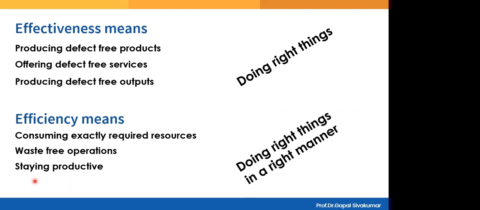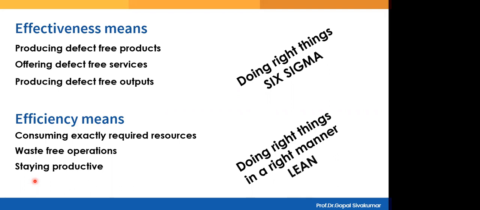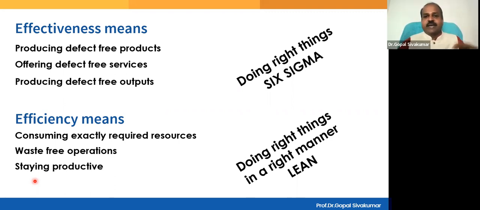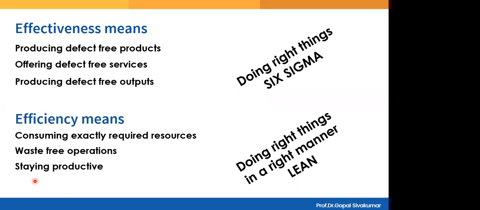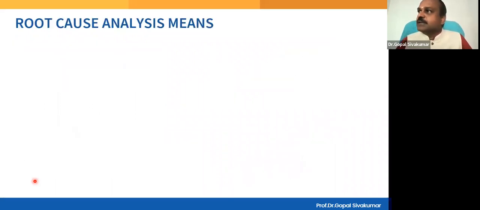That means doing right things in the right manner is efficiency. So doing right things is Six Sigma. Doing the right things in the right manner is Lean. Both are interconnected, like the egg and the hen. Whether the egg came first or the hen came first, we don't know. But effectiveness and efficiency are interconnected, and both are required in any business environment.